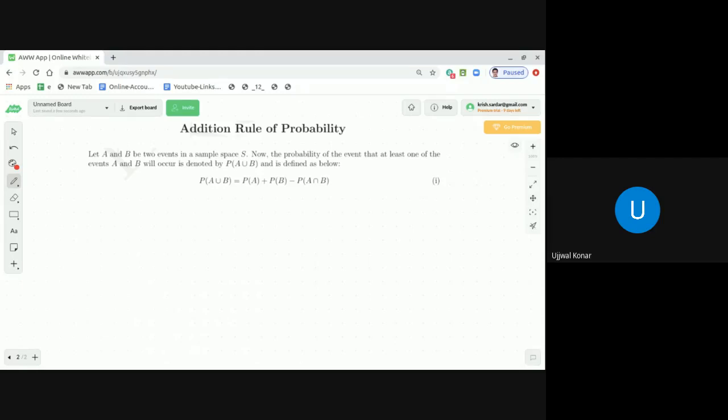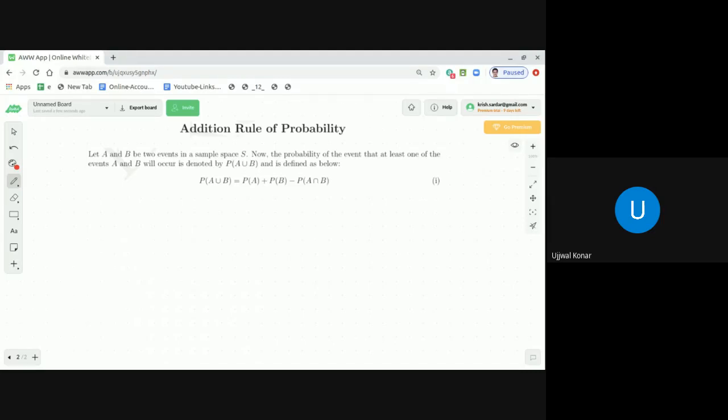Dear students, if you remember your understanding of set theory, how we compute the number of elements in the set A union B, that is equal to the number of elements in the set A plus the number of elements in the set B minus the number of elements in the set A intersection B. It is actually similar to that. Here only it is a probability.